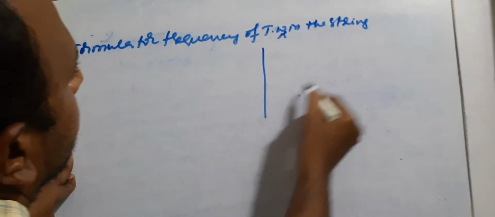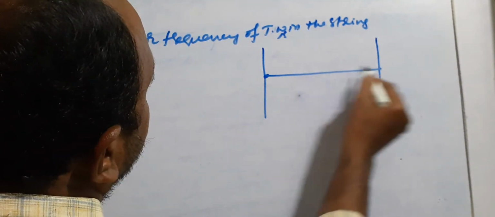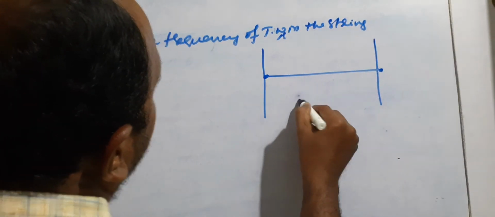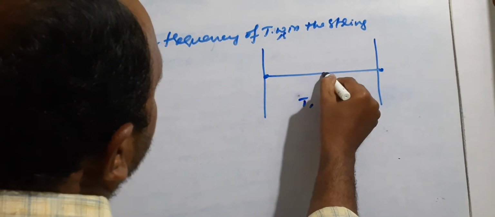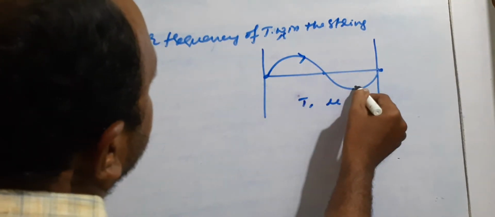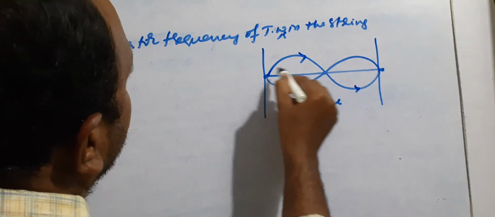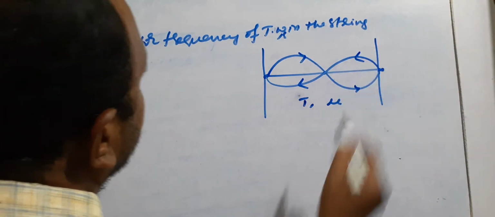Consider the string fixed between two rigid supports like that. It has a tension T and linear density mu. So when it is plucked, it produces an incident transverse wave, and then it becomes a reflected transverse wave.